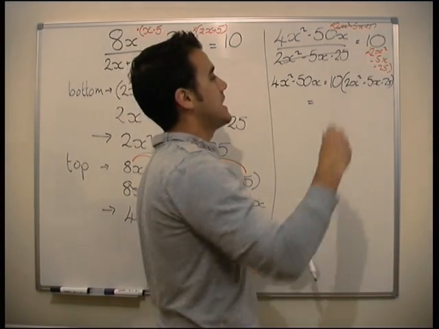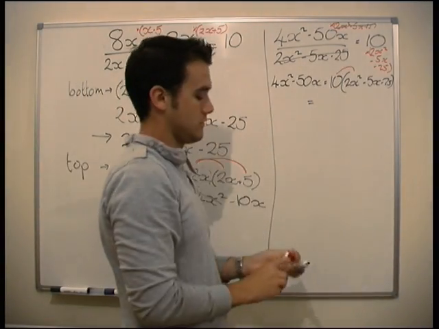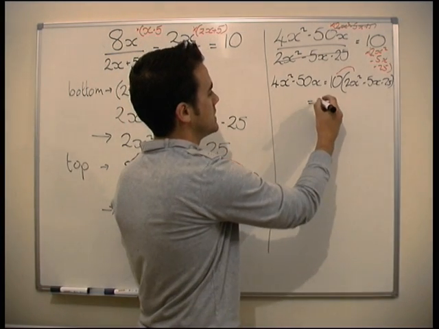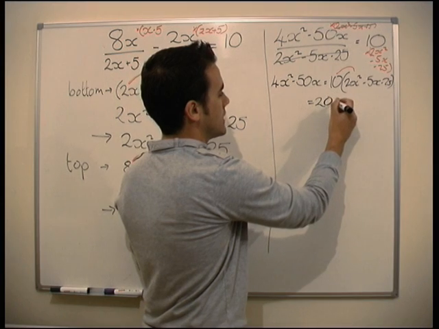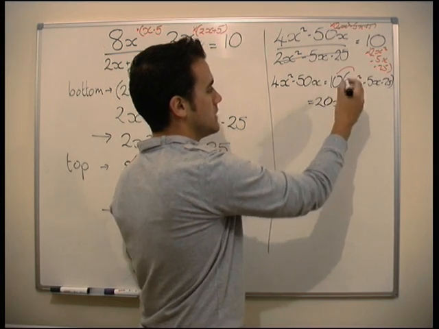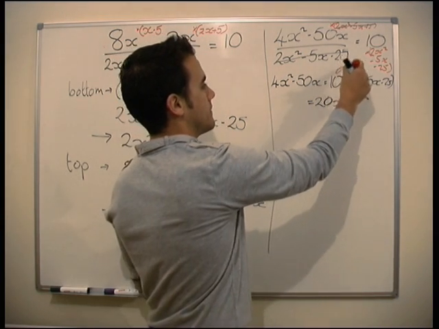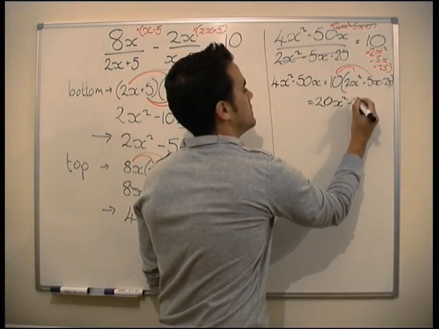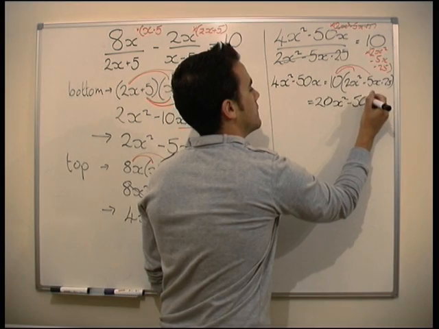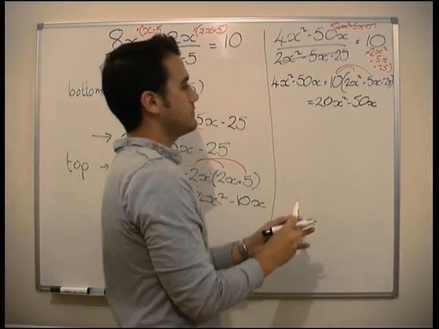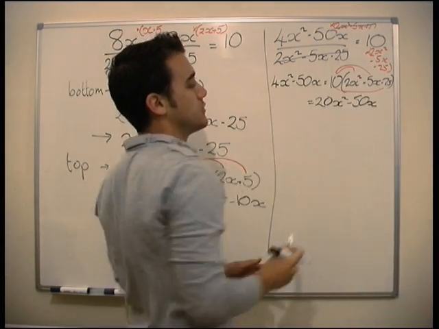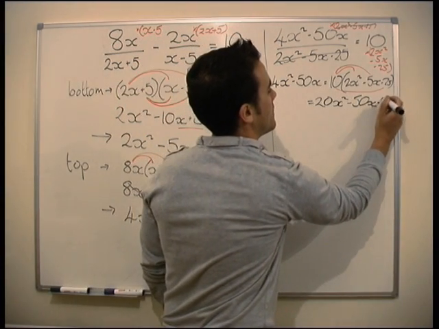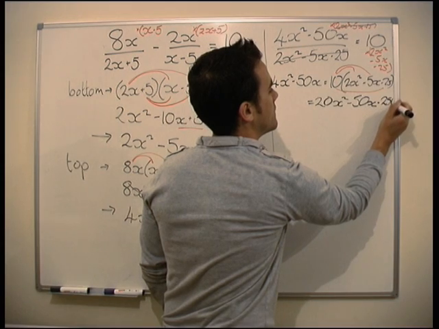So 10 times 2x squared, 20x squared. 10 times minus 5x gives us minus 50x. And 10 times 25 is going to give us minus 250.